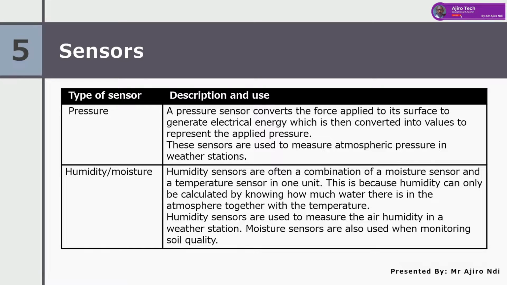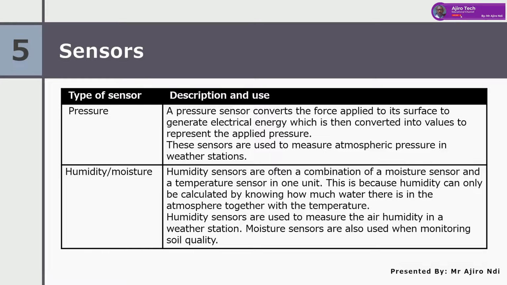Now, a moisture sensor is actually a combination of a light sensor and a light emitter, as the amount of light transmitted depends on the moisture content of the air.